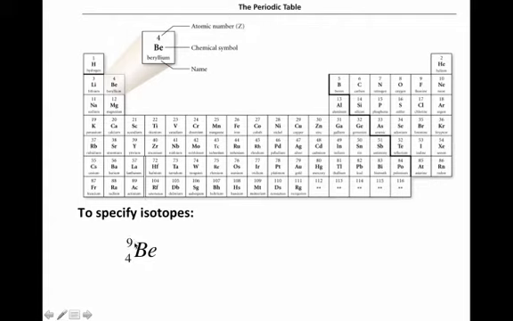And then this number up here, this 9, what is that? That's the mass number. The mass number is the number of protons plus the number of neutrons. That tells you how heavy that particular beryllium isotope is, because a proton and a neutron each weigh basically 1 atomic mass unit, so the total is 9.